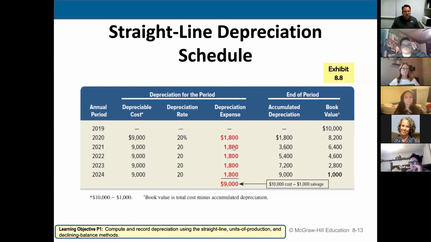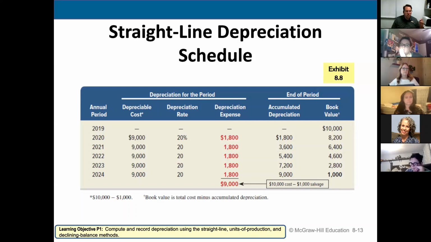And you'll notice each year we'll take the same amount of depreciation expense, and the accumulated depreciation will accumulate. It will add up. It was $1,800 in the first year, then 3,600, 5,400, 7,200, 9,000. At the end of the asset's useful life, our book value should equal our salvage value, because we'll have fully depreciated the depreciable cost of 9,000, leaving only $1,000 left for the book value.